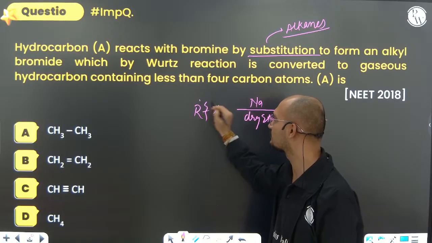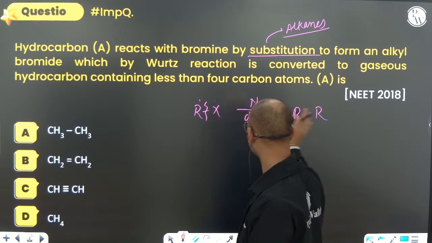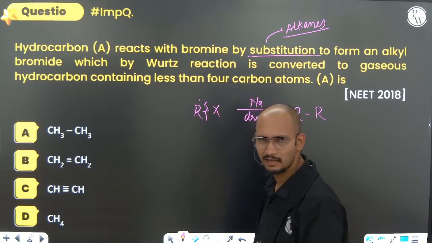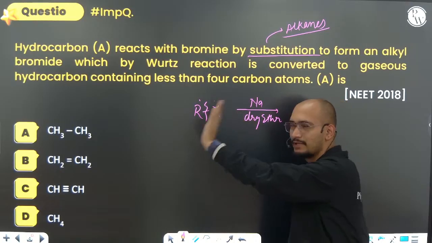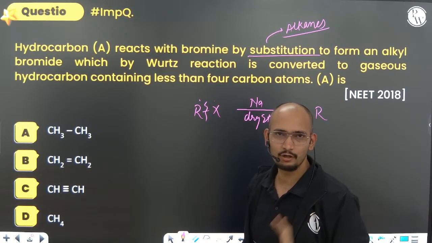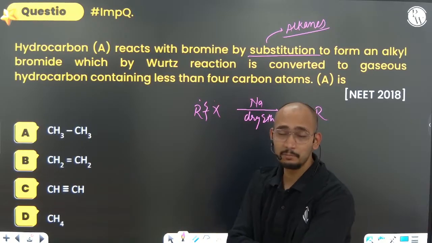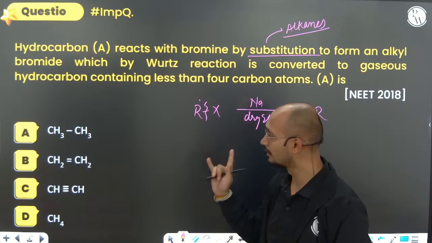You can always make it in the radical form, where 2R makes R-R. It is just the coupling of the alkyl part of the alkyl halide. That is how you can simply understand it. Here, symmetrical alkanes can be formed through Wood's reaction.